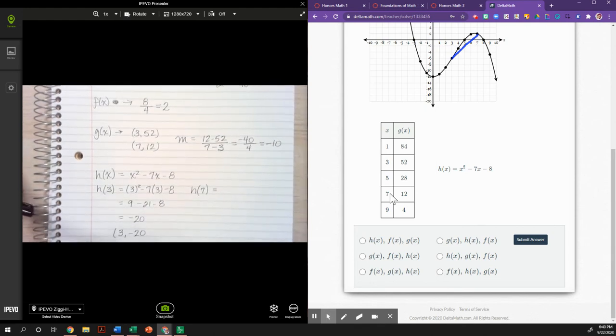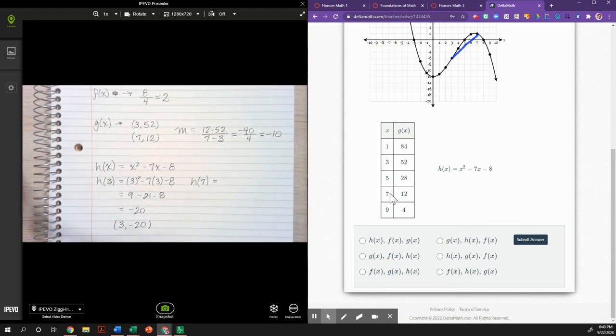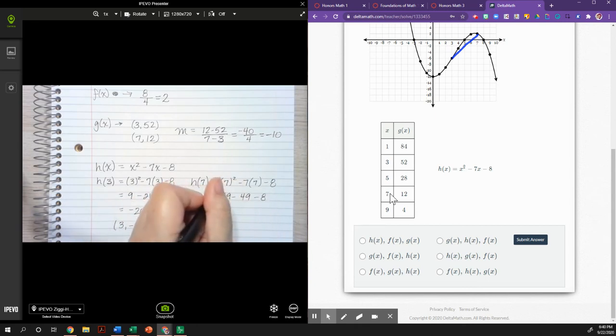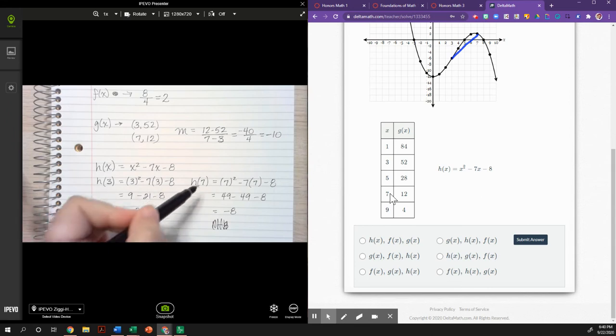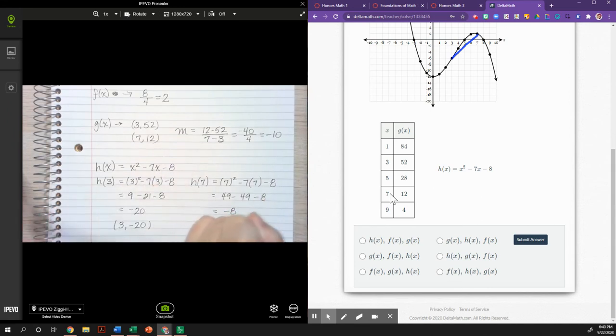So I have the point 3, negative 20. Now let's figure out what h of 7 is. That's 7 squared minus 7 times 7 minus 8, so 49 minus 49 minus 8. 49 minus 49 is 0, and 0 minus 8 is negative 8. So I have the point 7, negative 8.